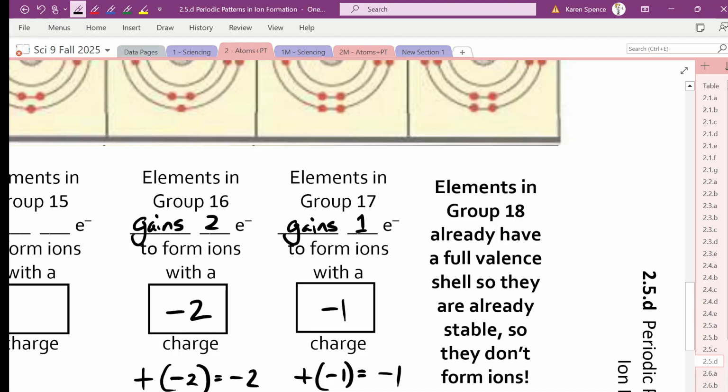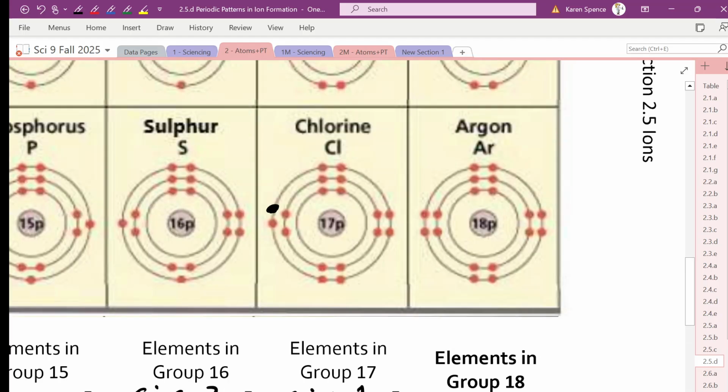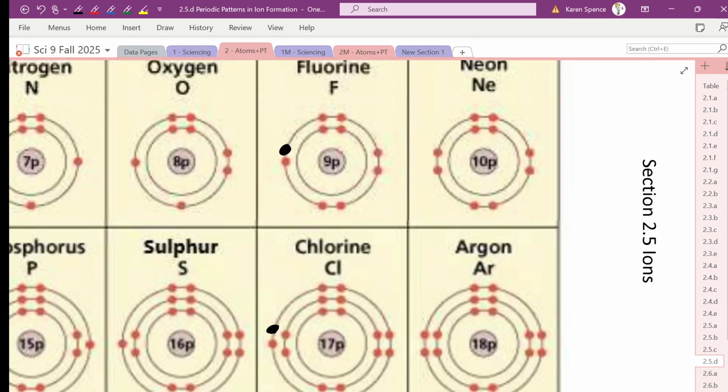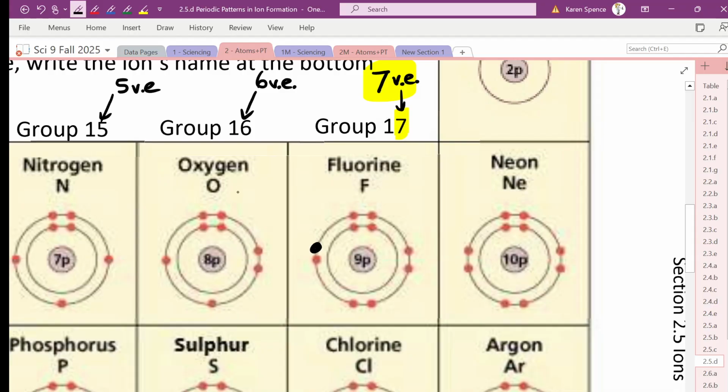All of these patterns can actually make drawing Bohr models easier for you, because you can say to yourself, I know that oxygen, for example, is in row 2. So it has 2 shells. Yeah?